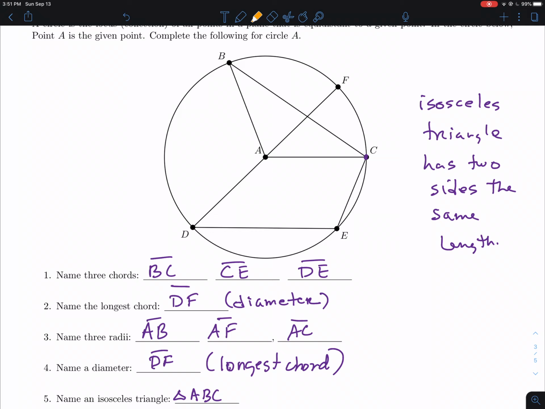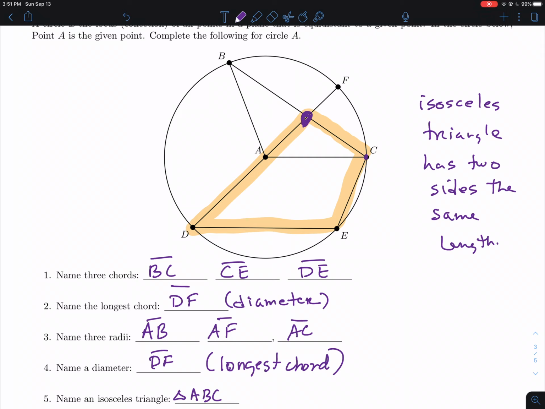Now be careful, you might look at this and say, well, heck, there's an inscribed quadrilateral and I didn't even have to add any lines. But remember, inscribed means that all four points have to live on the circle itself. In this case, this point here is inside the circle, so it doesn't count as an inscribed quadrilateral.